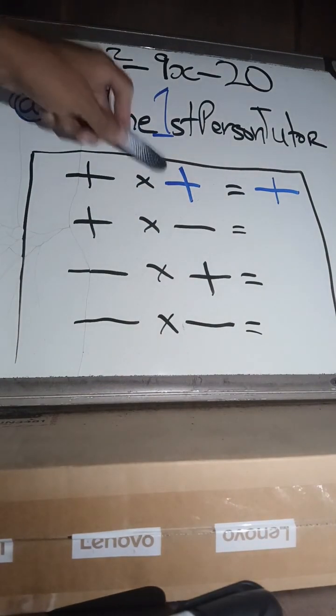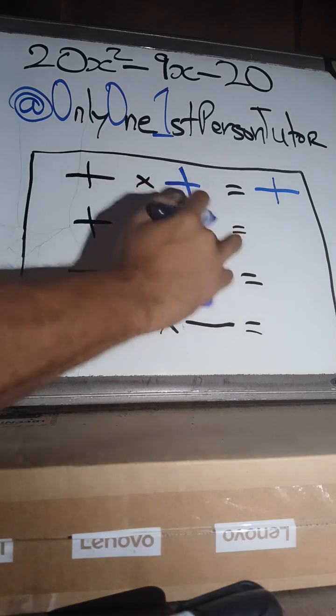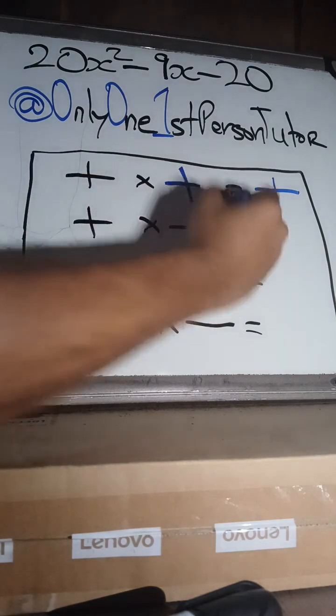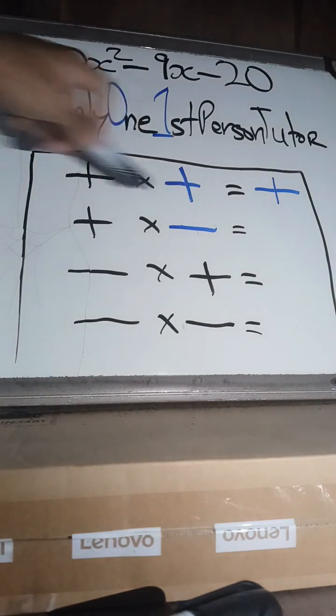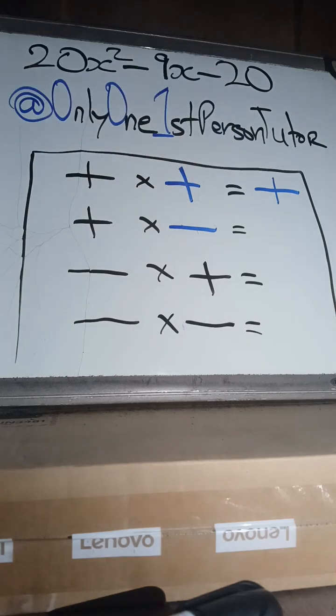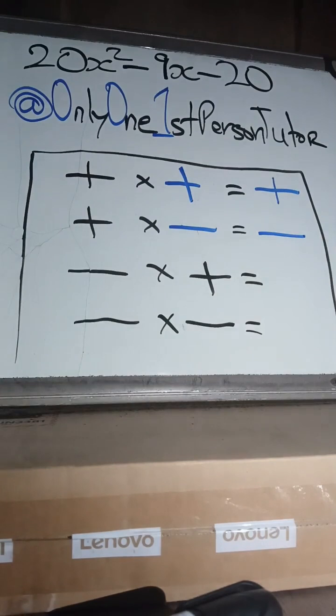I am not trying to change you, right? Same thing down here. If you show up to me negative, I am not going to try to change you. I'll accept you as you are, right? So plus times plus, positive; plus times minus, negative, because I accept you as you are.